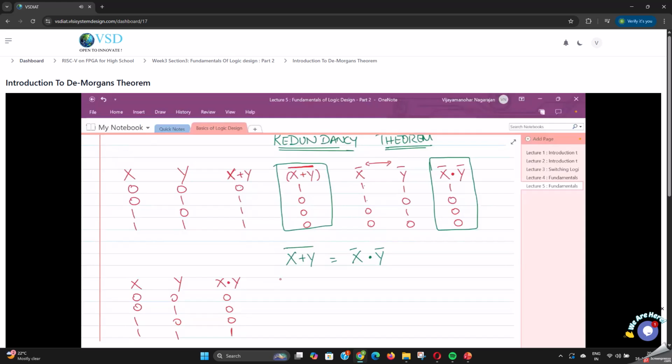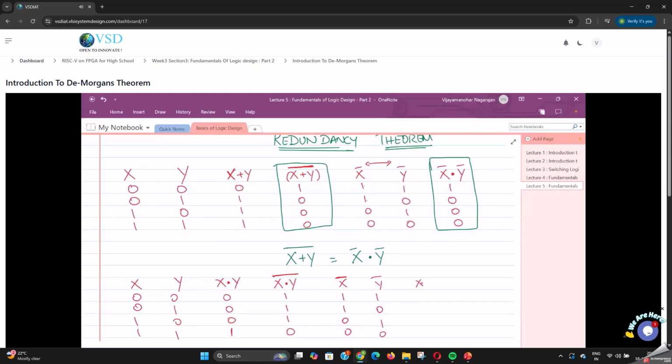Now I am going to invert this. The output of this AND operation I am inverting. Wherever this is 0 I will get 1, wherever this is 1 I will get 0. I am going to compute X bar and Y bar. So I will get this.